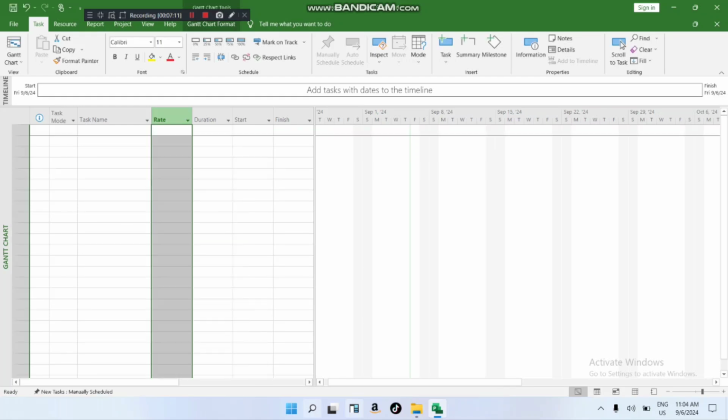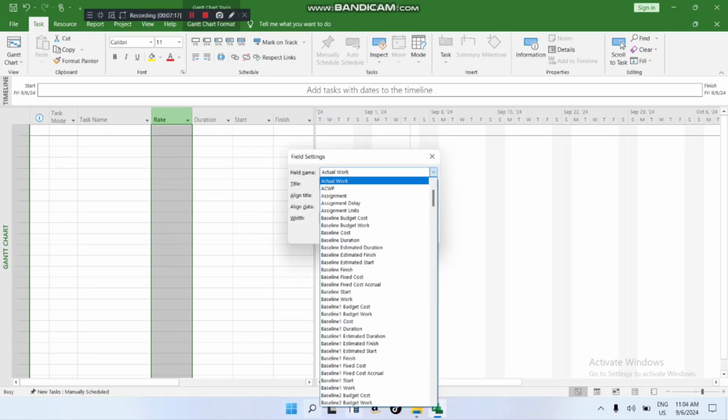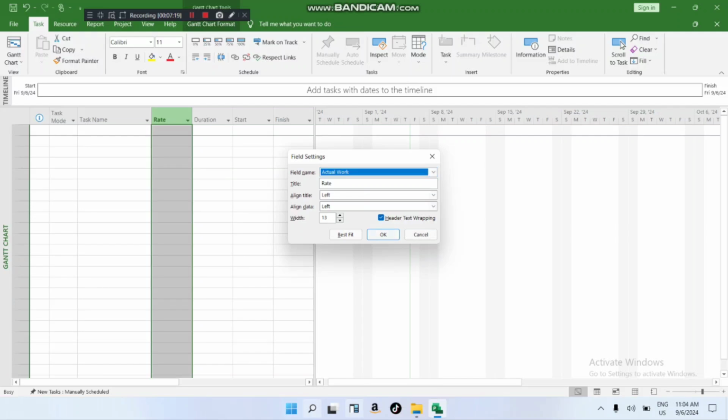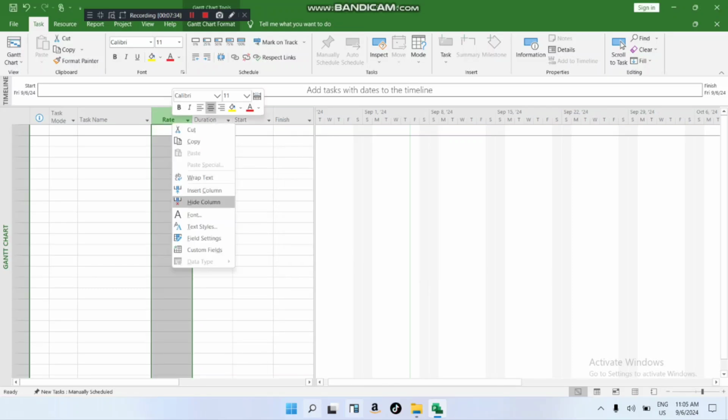For example, then we have field settings, or work, or cost. It's okay. You need it on the right or left or center. It's better center. Make it like this. Anyhow, we will check it.